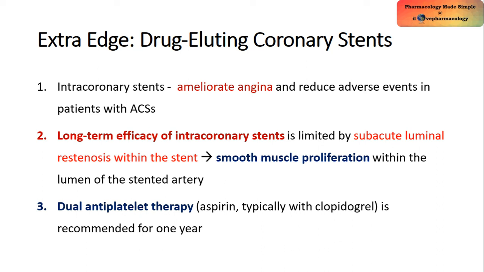To prevent that smooth muscle proliferation, you will be using immunosuppressive agents like sirolimus, paclitaxel, etc. And along with that, you will also be using a dual antiplatelet therapy, that is aspirin as well as clopidogrel, for a period of 1 year.